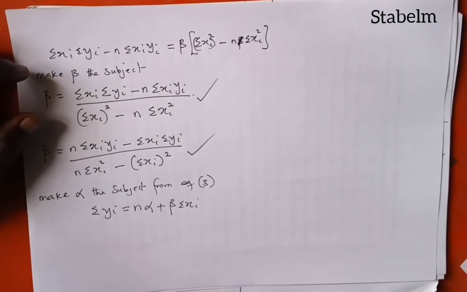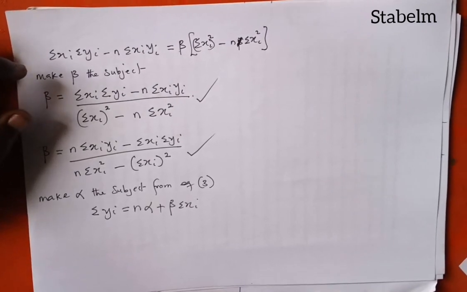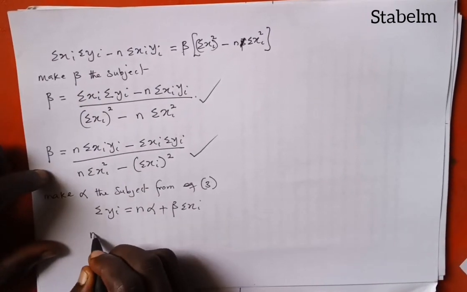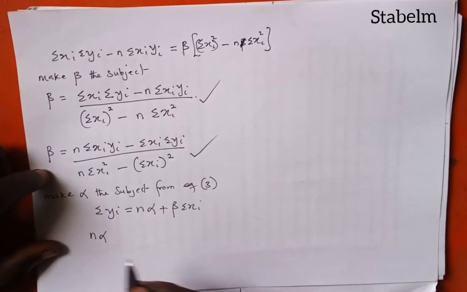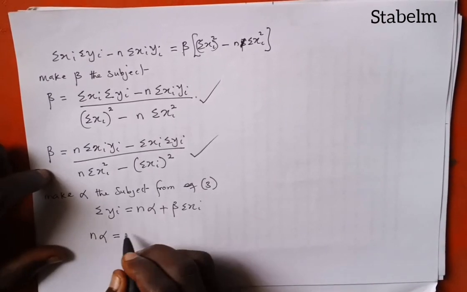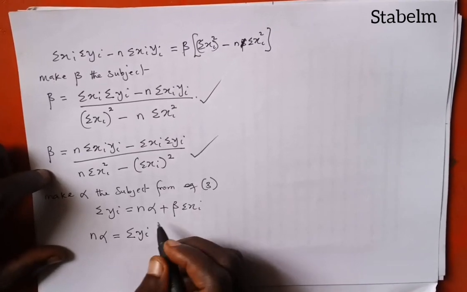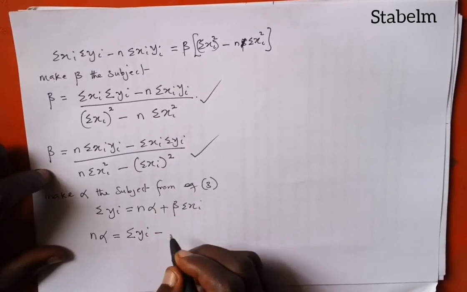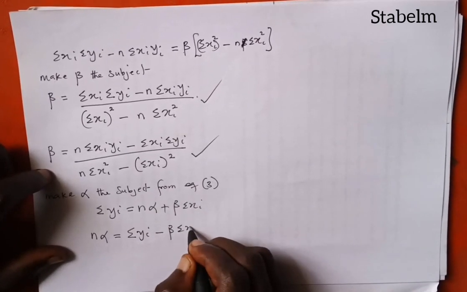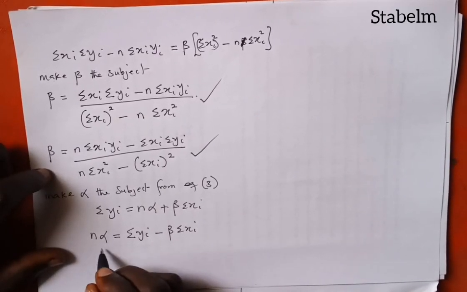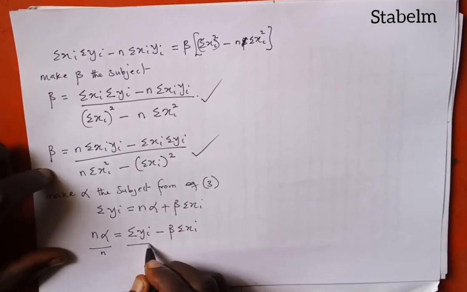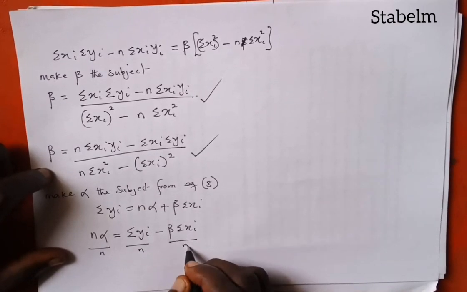Now I want to make alpha the subject here. So therefore we're going to have n alpha equals summation yi. When you take this to this side, we have minus beta summation xi. Divide through by n.